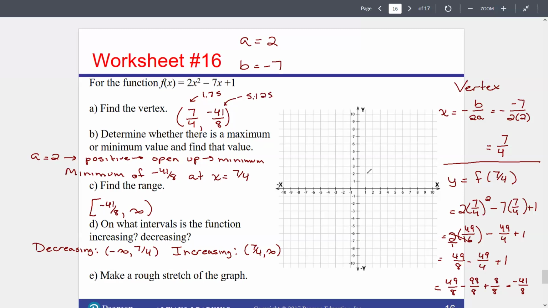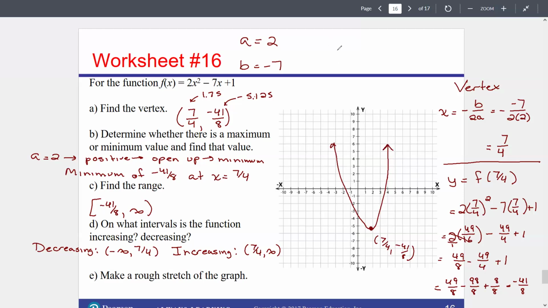Just to kind of give you an idea about where this will be. So roughly here should be that vertex. And like I said, we should be opening up. So it's going to look kind of like that.